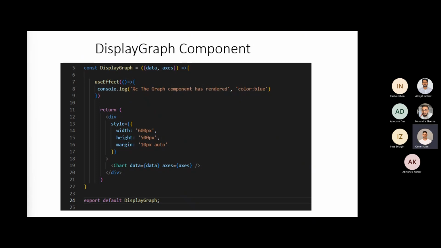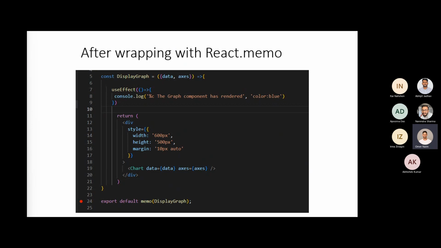So I create this DisplayGraph component, which has the useEffect that will log in blue about this component. I have in the JSX some chart that I return, and that's it. Where does memo take action? In line 24. I just need to wrap DisplayGraph with memo, and it looks like this. Now I have this component memoized.